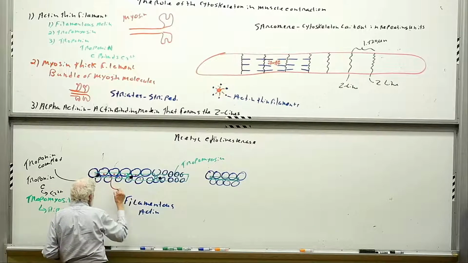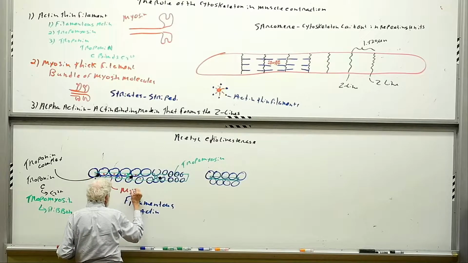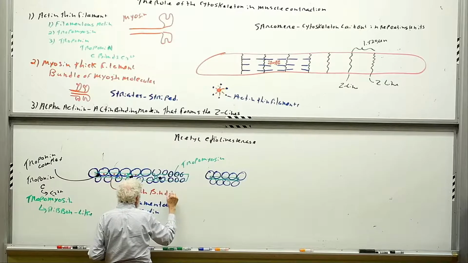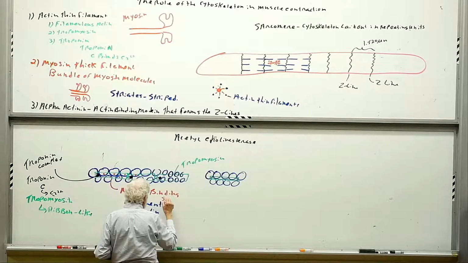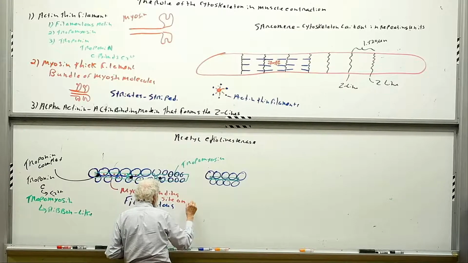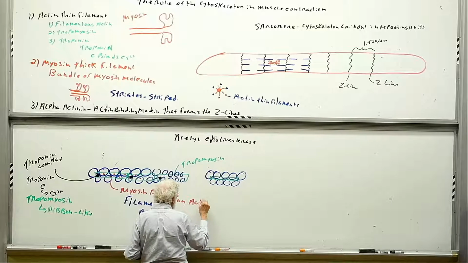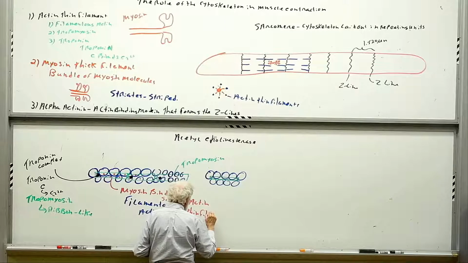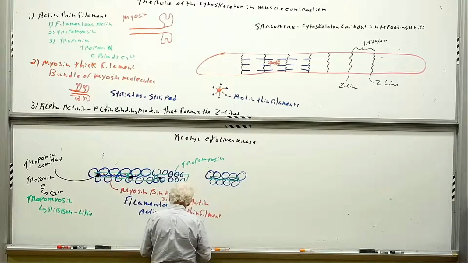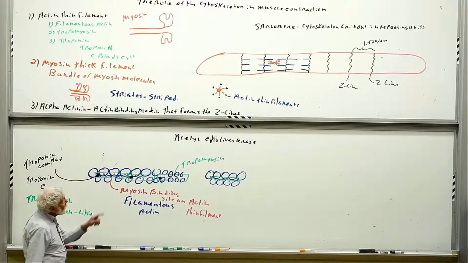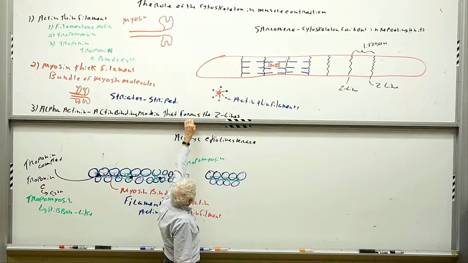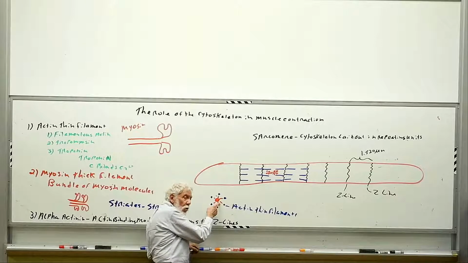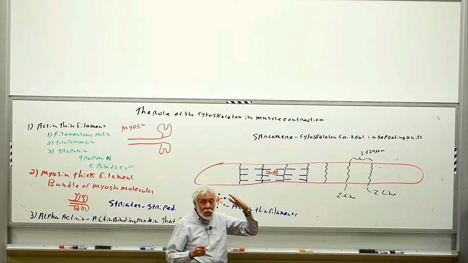And this red dot is the myosin binding site on the actin thin filament. So if we go back up to this image, we can imagine that these are the myosin heads reaching up, trying to contact the actin thin filament.